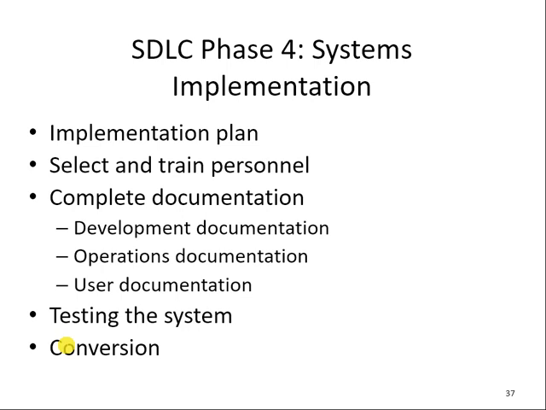Or we can have a parallel conversion, which is common. At a certain stage, both the old and new systems are there simultaneously for a period. Then we're going to slowly turn off the old systems to make sure everything works. Or we have the phase-in conversion, which is a gradual replacement. We're going to gradually replace elements of the old system with the new one.